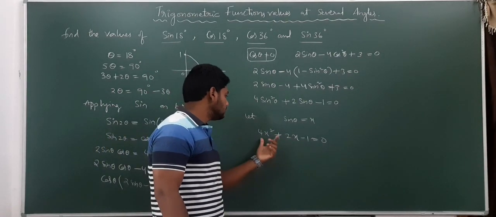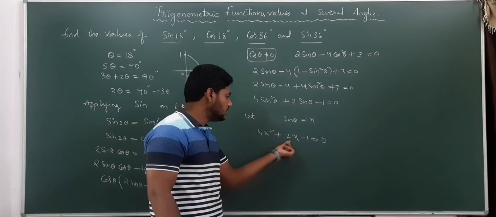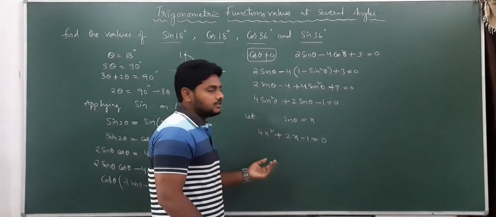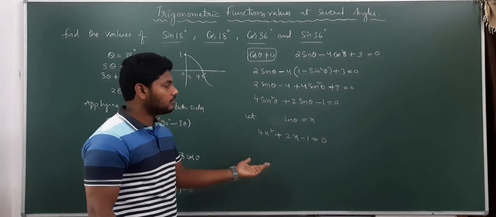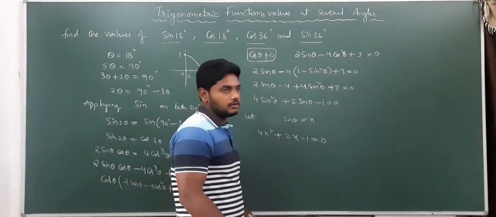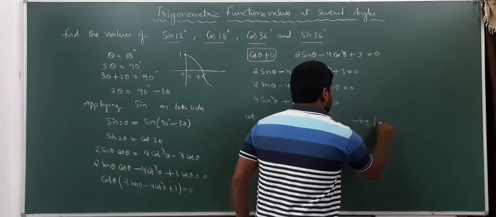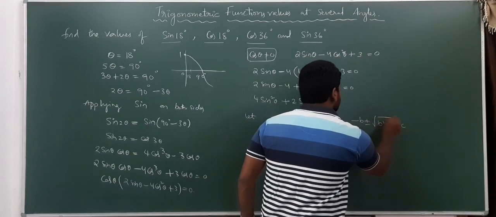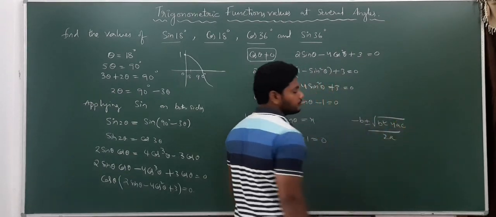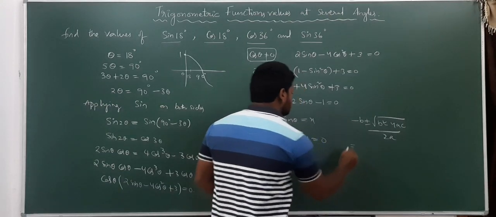See, can we do minus 1, 4 into minus 1, minus 4? Here we cannot factorise easily. If we cannot factorise easily, we need to find the roots by using the quadratic roots formula, that is minus b plus or minus square root of b square minus 4ac by 2a. So by using this we can find the roots of this.